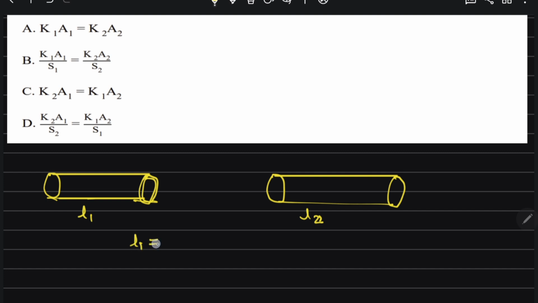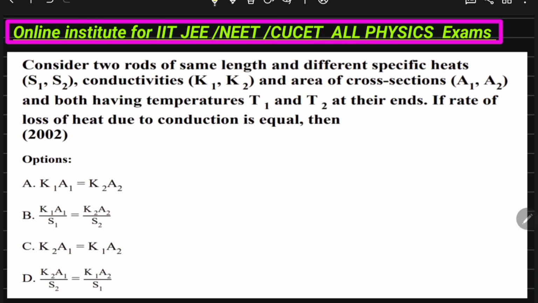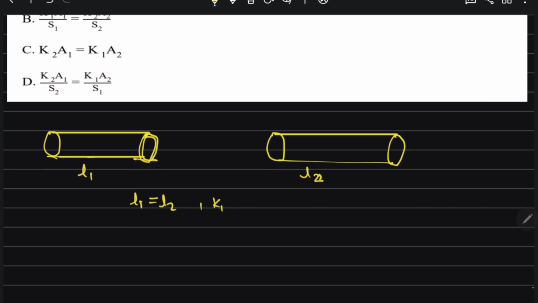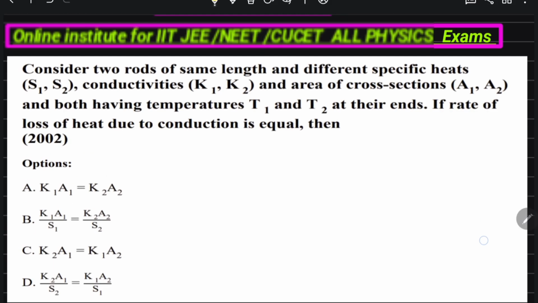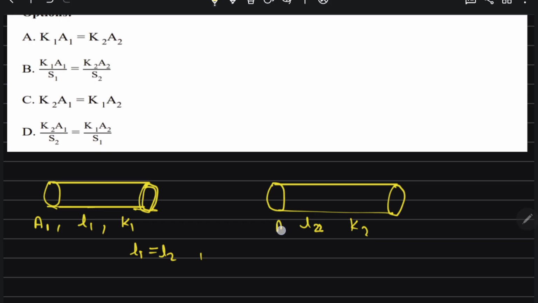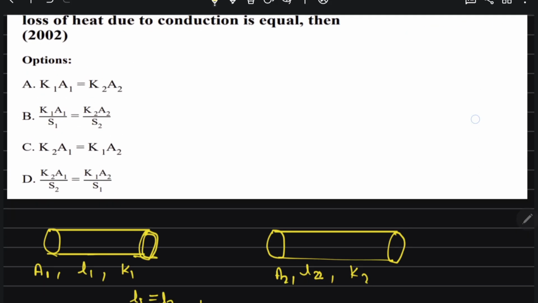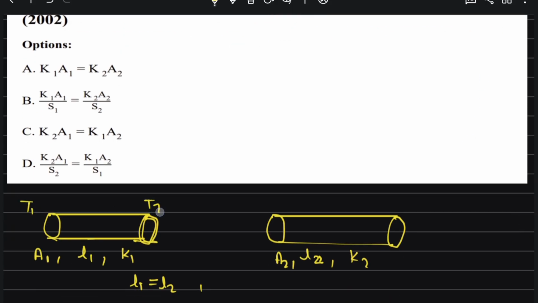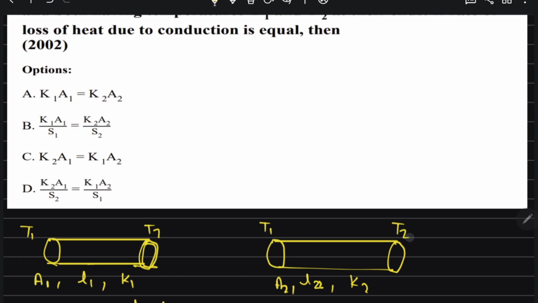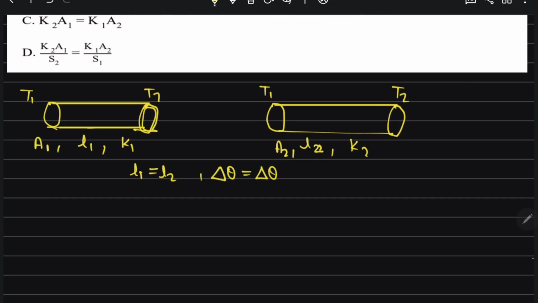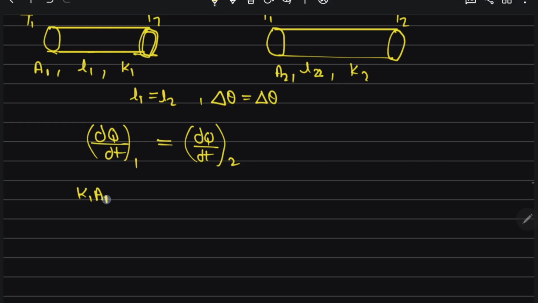So L1 is equal to L2, with different specific heats, having conductivities K1 and K2 and areas of cross section A1 and A2. Both have the same temperature difference, T1 and T2. The rate of flow of heat for both rods, dQ by dt for the first is equal to dQ by dt for the second, which is K1 A1 delta theta by L1 equal to K2 A2 delta theta by L2.